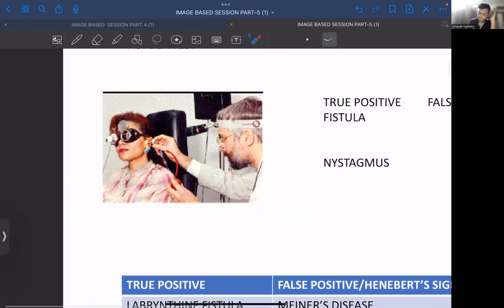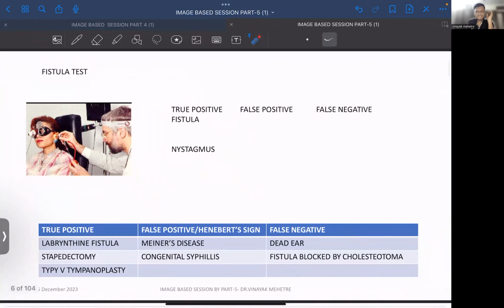True positive fistula sign: if there is an abnormality in the ear, the patient will have nystagmus. So true positive means abnormality is present and the patient has nystagmus.